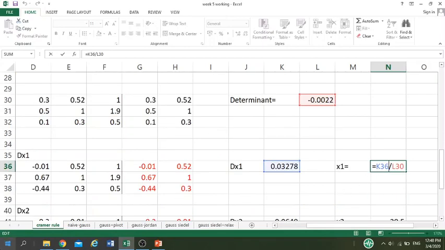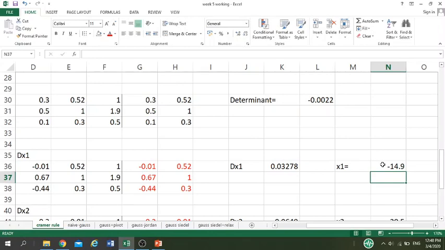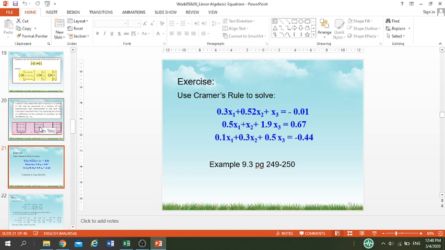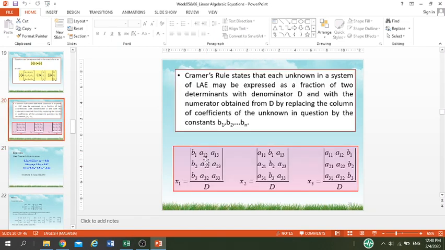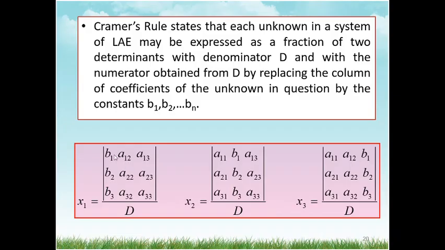So we get the value of x1 as minus 14.9. This is the final step: we simply divide the determinant of x1 over the overall determinant of the original matrix.